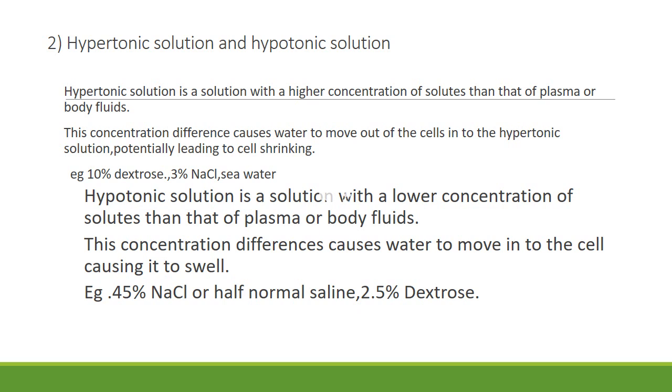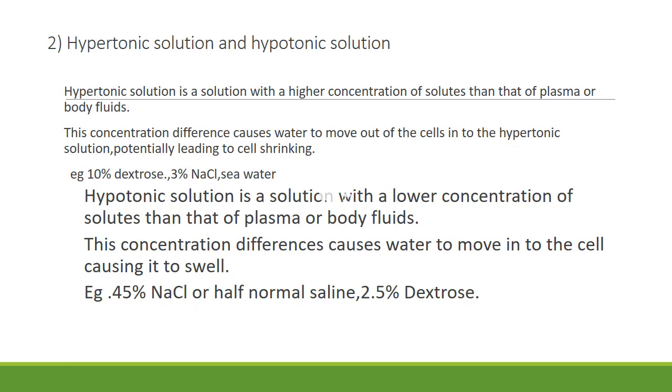And the second one is hypotonic solution. Hypotonic solution is a solution with a lower concentration of solute than that of plasma or body fluids. So here the concentration of the solute is less than that of body fluids. This concentration difference causes water to move into the cell, causing it to swell.